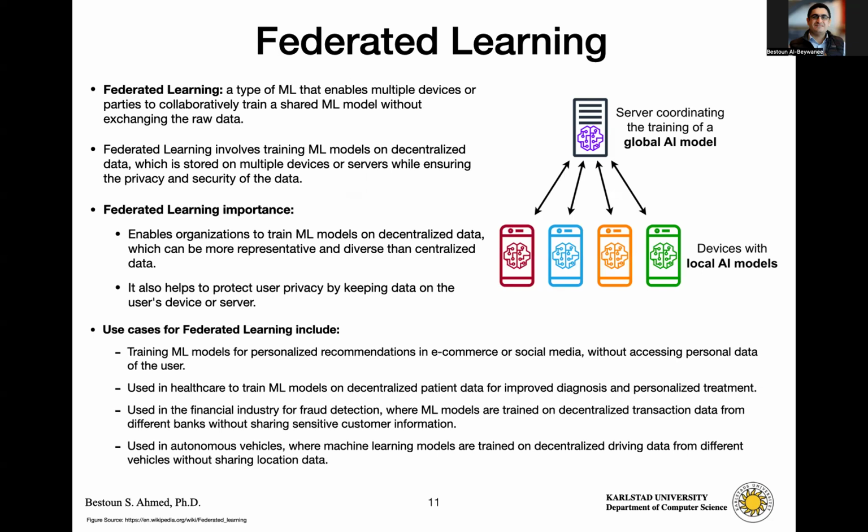And then these models are trained, and the centralized model is also trained based on the exchanged data and parameters, without exchanging the sensitive information. So this is very important for protecting privacy and keeping the data on the user device without sending it to the centralized server or to the cloud.